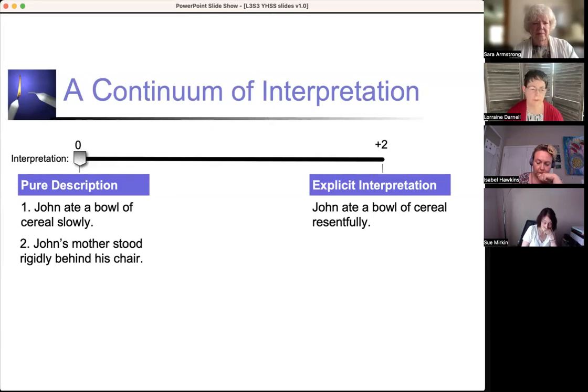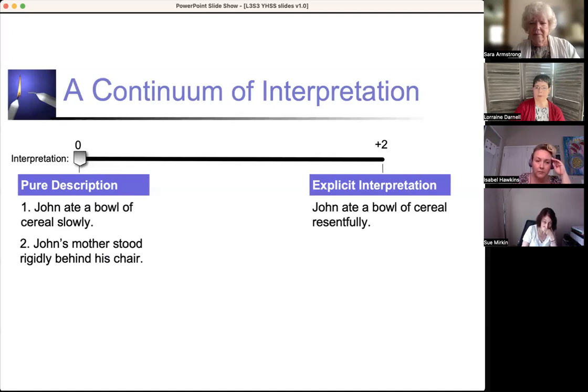John's mother stood rigidly behind his chair. Now, the rigid helps us know physically how to imagine it and what it might feel like to be in her body, but it doesn't interpret the rigidity. Is it because of concern? Is it because of being on her feet too long and her lower back is hurting, and she holds her stomach in?